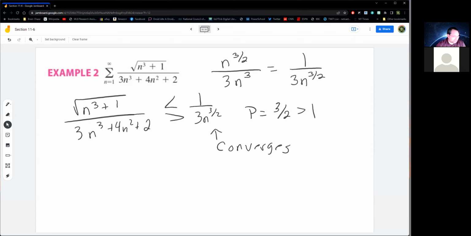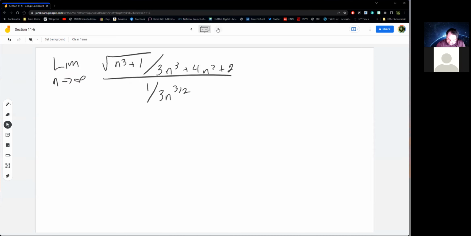Oh, it was a_n over b_n. So we got the square root of n to the third plus 1, over 3n to the third plus 4n squared plus 2, times 3n to the 3 halves over 1. And yeah, that's why we didn't do this problem out.